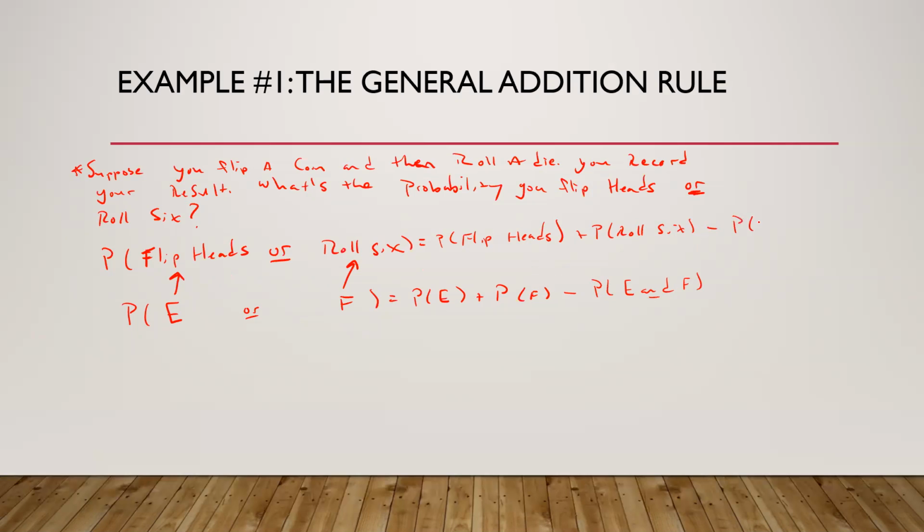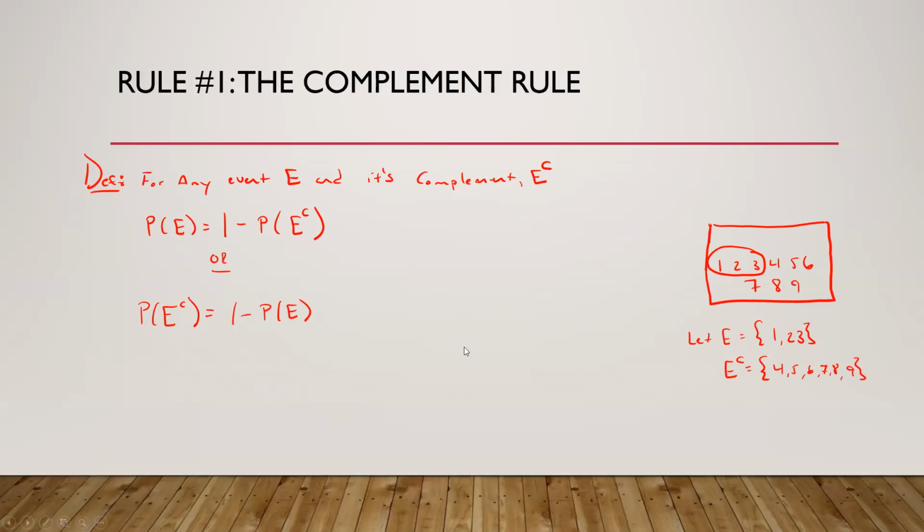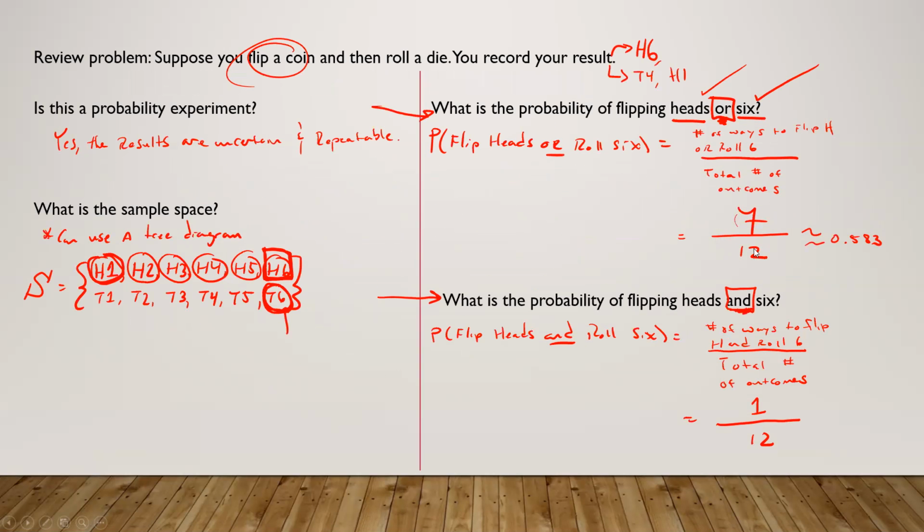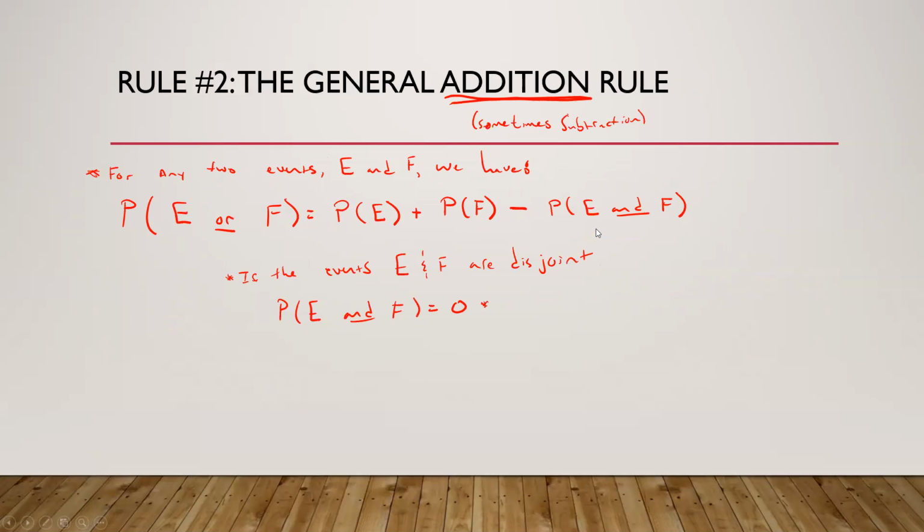It's the probability of flip heads and roll a 6. All right, well, remember, looking back, I'm going to come back to this slide real quick. Remember, the correct answer to this problem is 7/12. Okay, so when we do this formula, we better get 7/12. Okay?